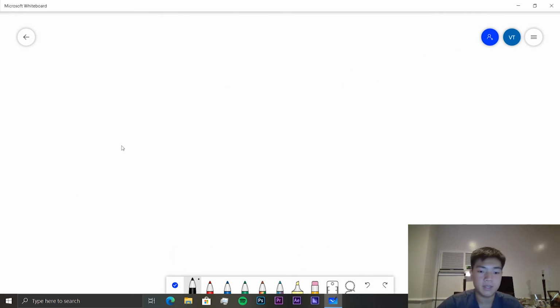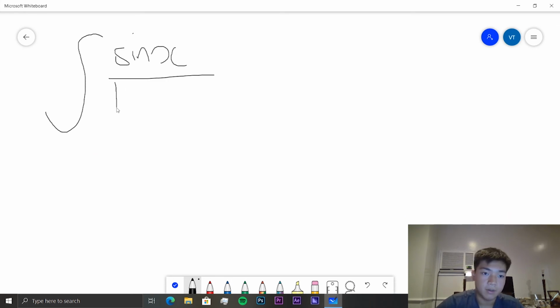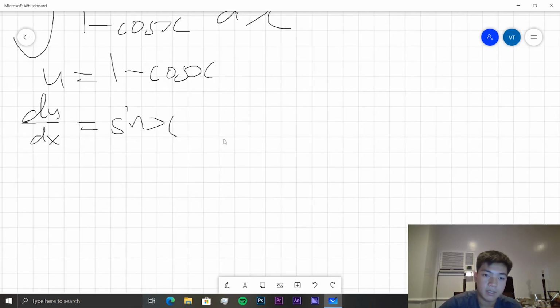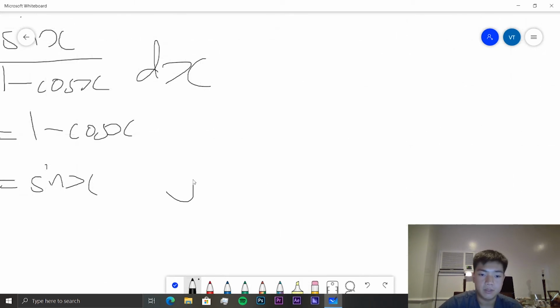For the next one, we have the integral of sine x over 1 minus cosine x dx. Actually, this one: u is equal to 1 minus cosine x, du over dx is equal to sine x. So we're good. This is simply equal to the integral of 1 over u du.